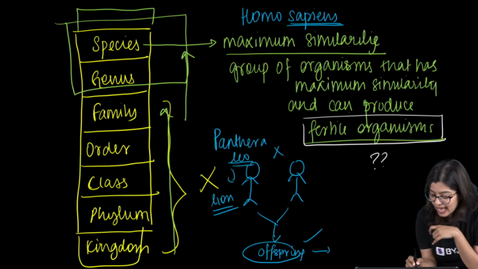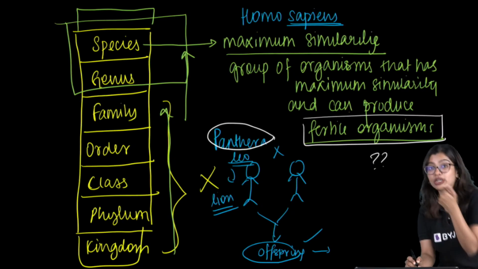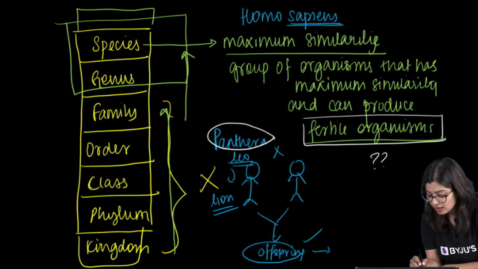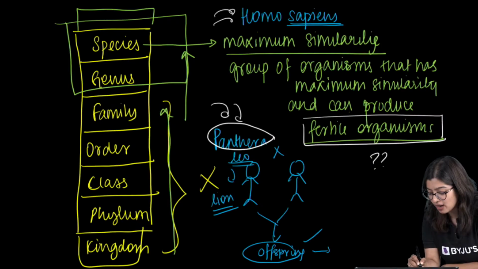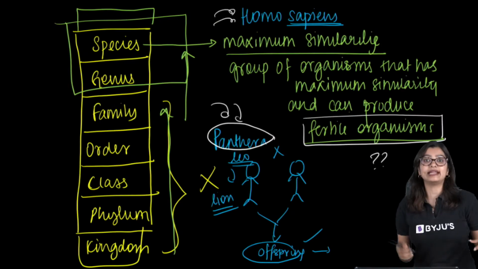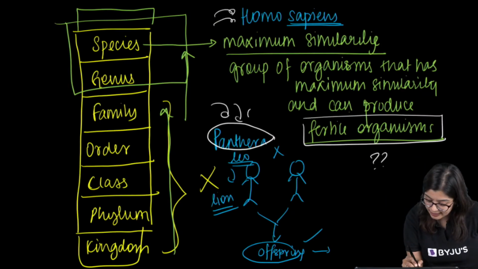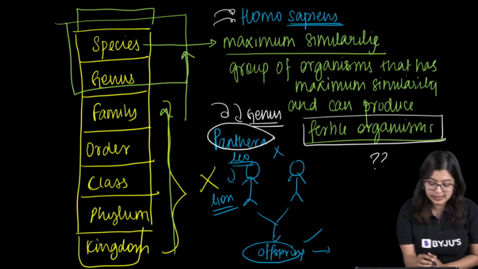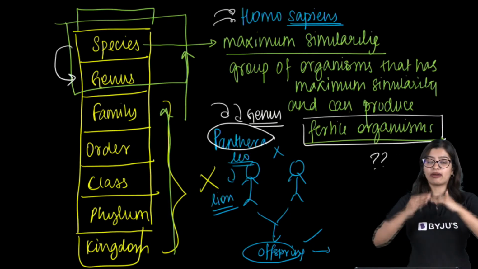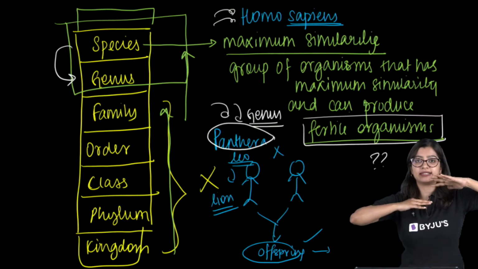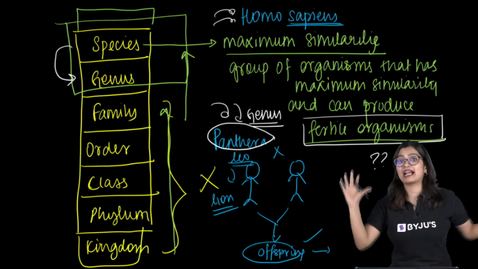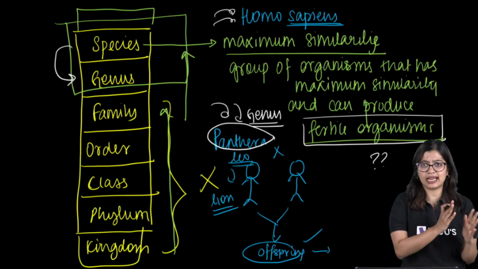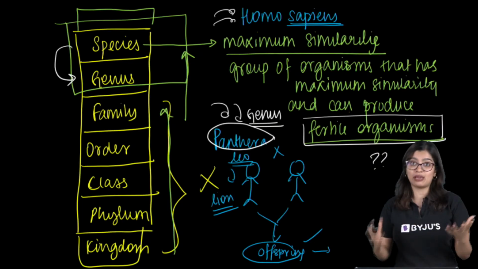Now if you see, we have Panthera here. I told you leo or sapiens is the species. But we have something called Panthera, Homo. This right here is what we will call the genus level. Now genus is one step below species. That means they don't have maximum similarity, slightly lesser similarities, but they all belong to the same genus.